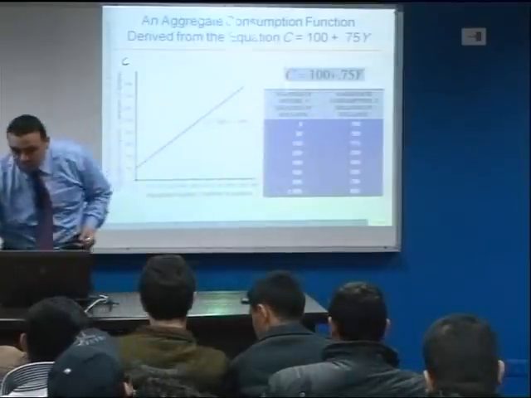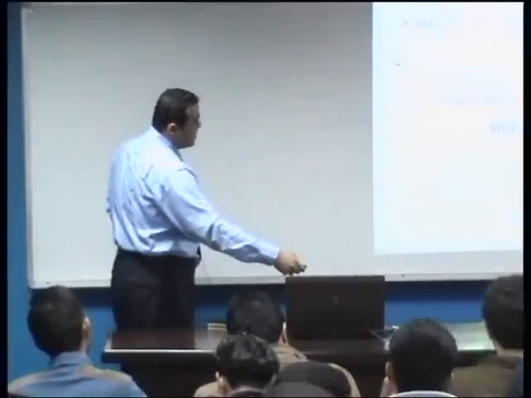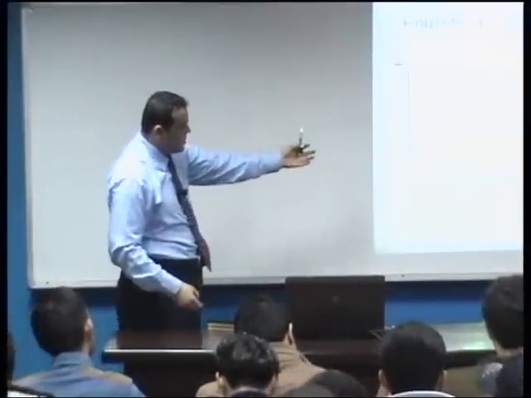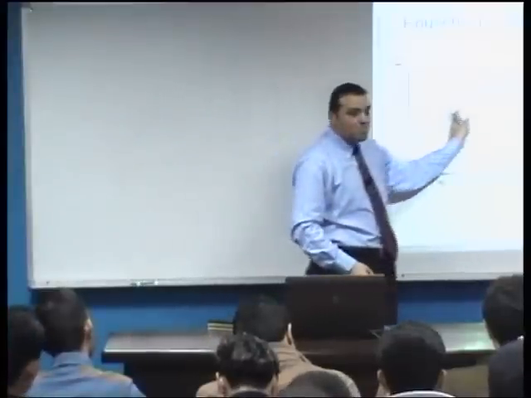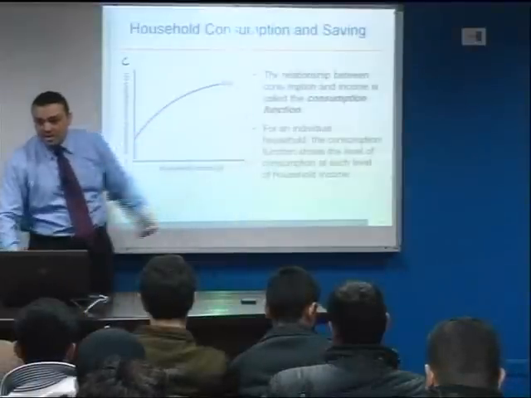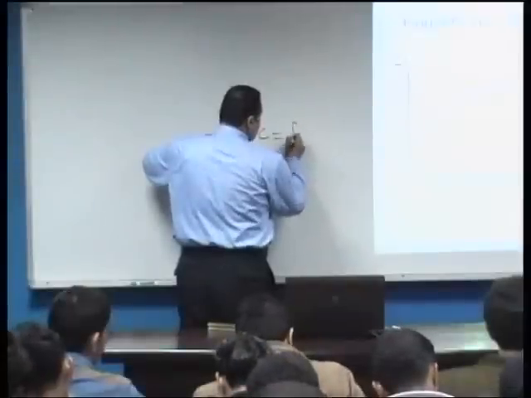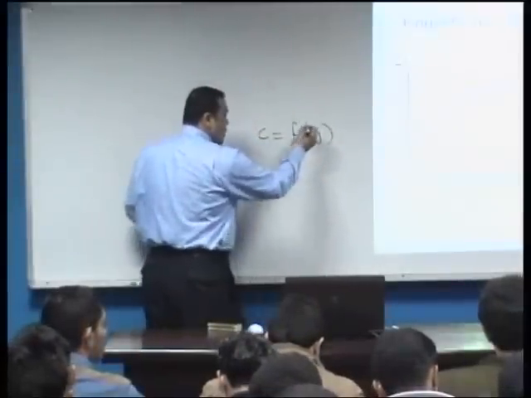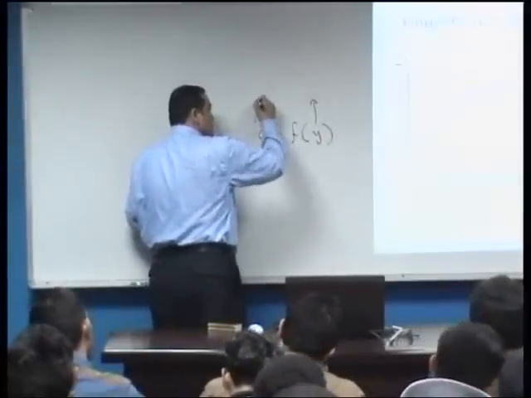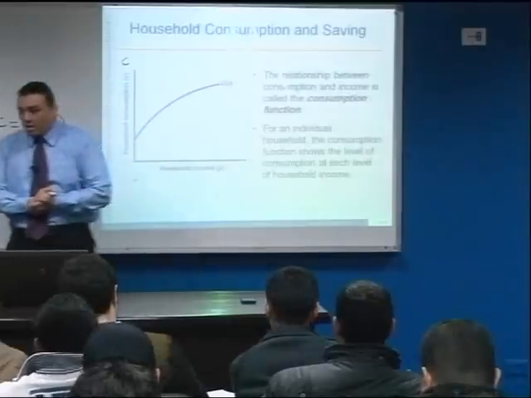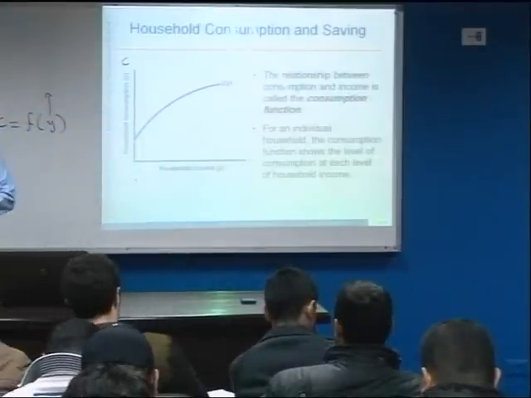So let's come back to something. This is the consumption function, which means consumption C is a function of Y, or when Y increases, consumption increases. We have a positive relationship between Y and C.